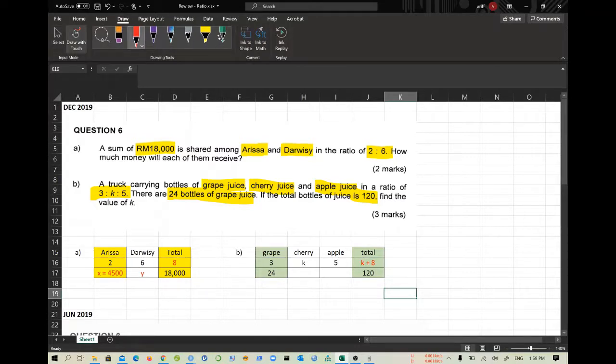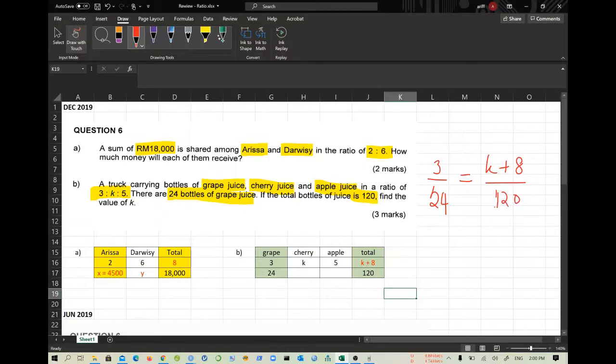Again using the same concept, you have two columns over here, and then you can get the relationship between the two columns. That is 3 divided by 24 is equal to k plus 8 divided by 120.